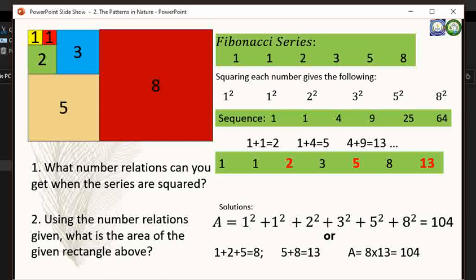So this is when we only want to get number relationships. In other words, we can play with the numbers in the Fibonacci series, and interestingly, we can get answers that would still be found in the original series.